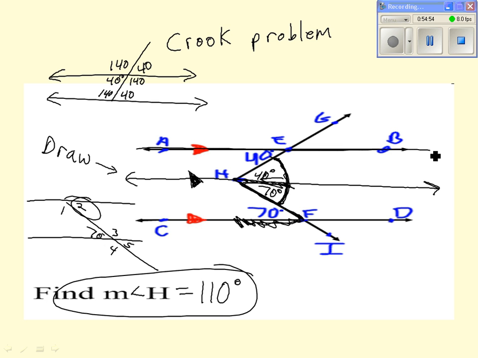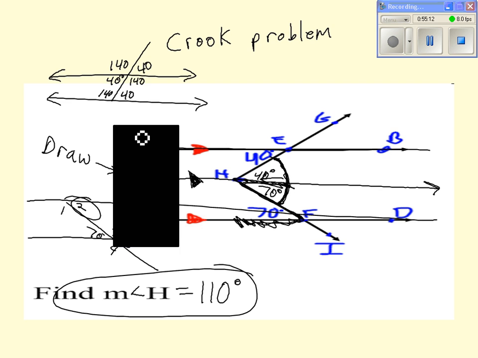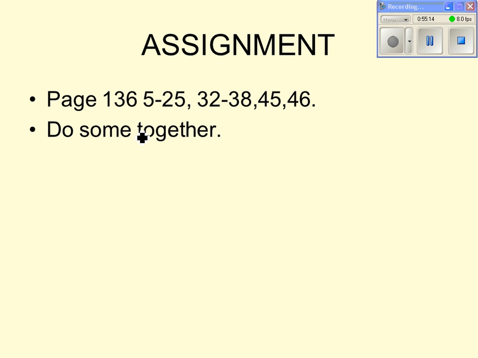Well, then they'll put parallel lines in there crossing that angle and shoot right through here, and they'll be able to find that angle to see, all right, it's not 90 degrees, but it's 110 or 50 or whatever it happens to be. That's a crook problem.